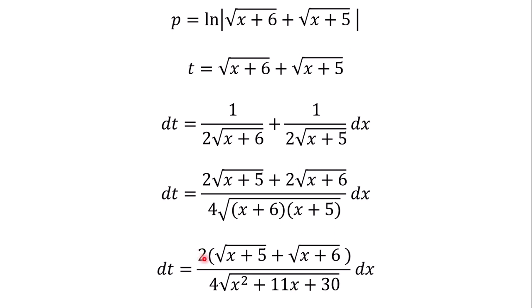Okay, so these two here, 2 goes into 4 how many times? 2. So this one will cancel out with this one, it will be left with 2 on the bottom. So actually dt over dx will be equal to the square root of x plus 5 plus the square root of x plus 6, over 2 times the square root of x squared plus 11x plus 30.